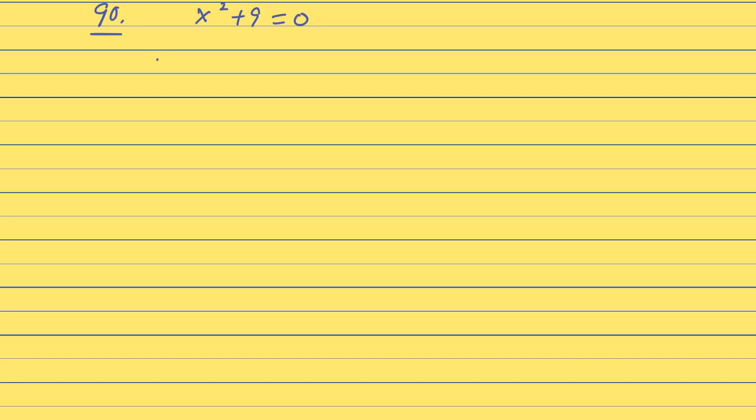And since we know we're going to solve this equation, we're going to use the quadratic formula. x equals negative b plus or minus the square root of b squared minus 4ac, divided by 2a. Remember that you need to identify a, which in this case is 1, b, which is 0, and then c, which is 9. So go ahead and substitute into this quadratic formula.